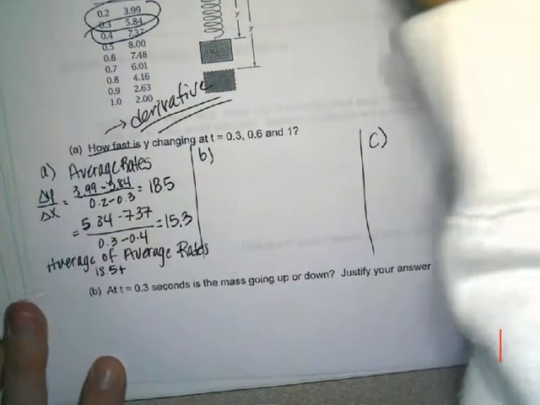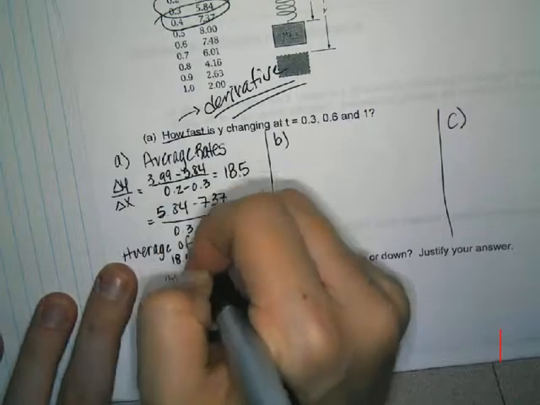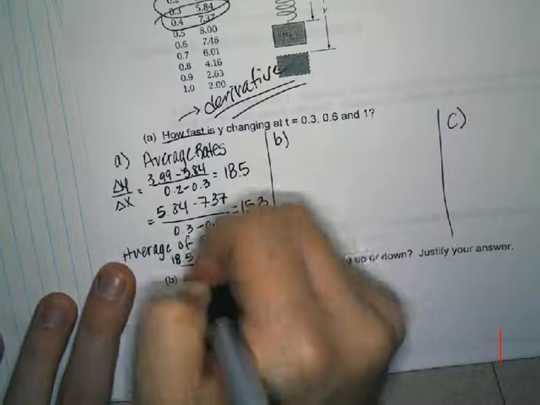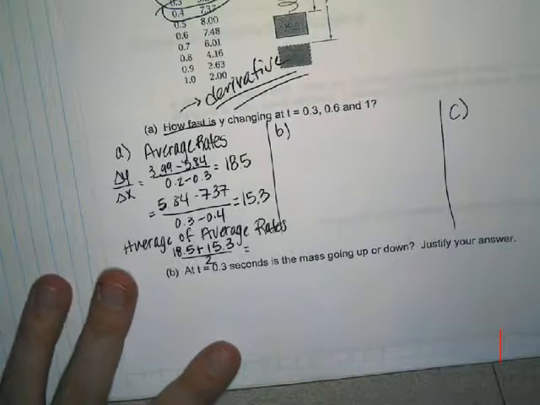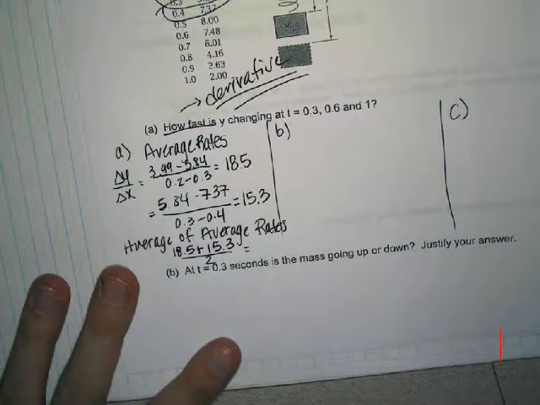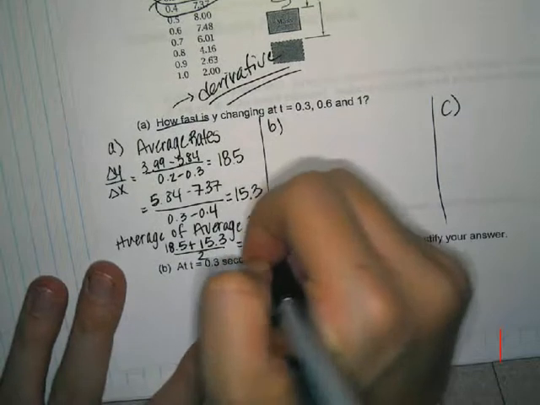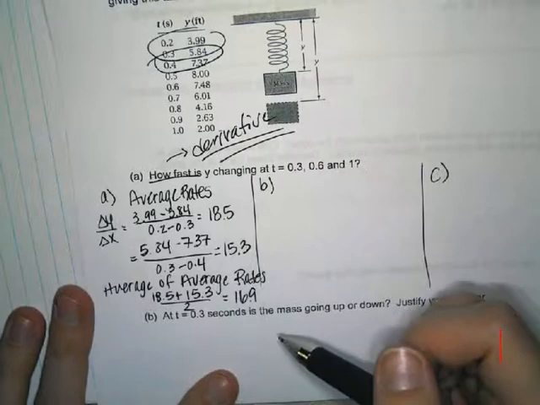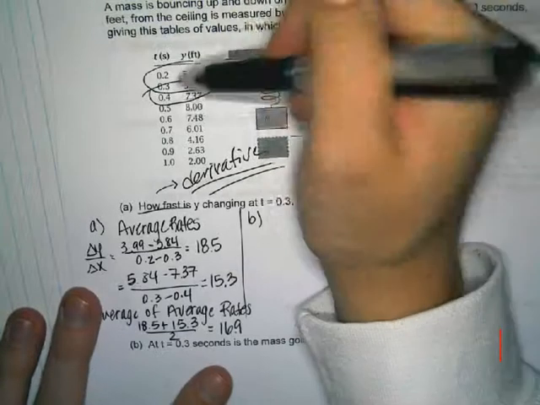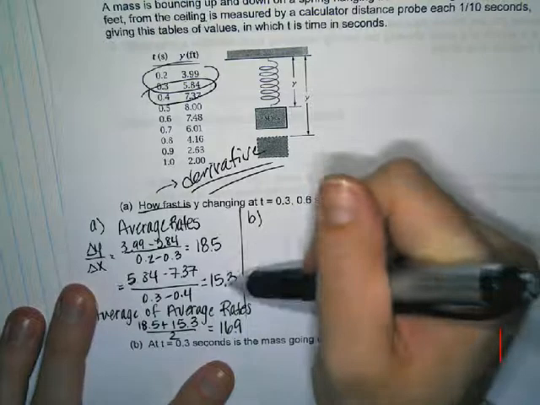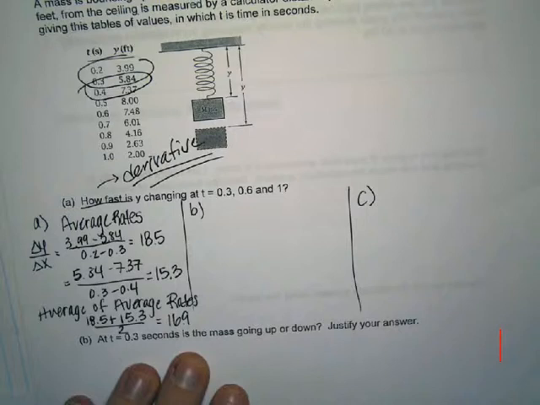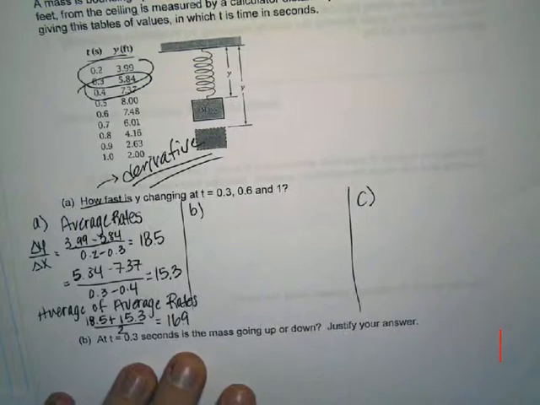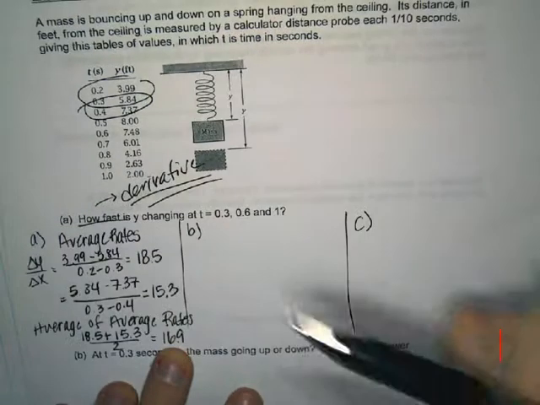Now, again, those are pretty spread apart, so that's why we do this other step where we find the averages of the average rates. So, adding up negative 5.2 plus negative 14.7 and dividing by 2 gives me negative 9.95, and that's feet per second.